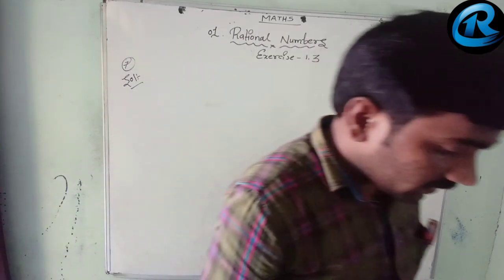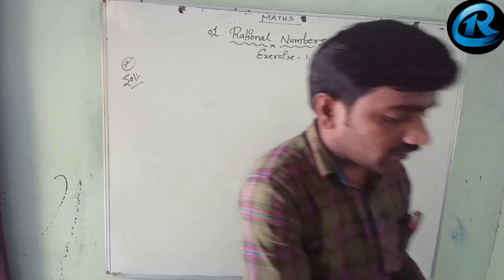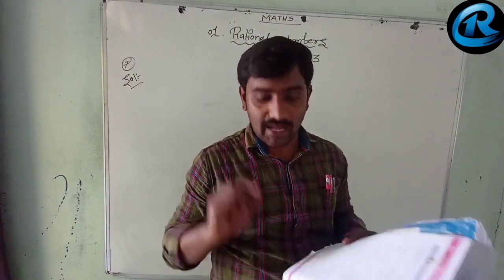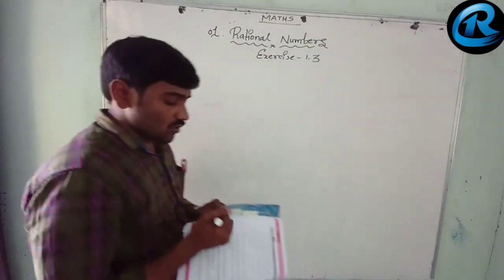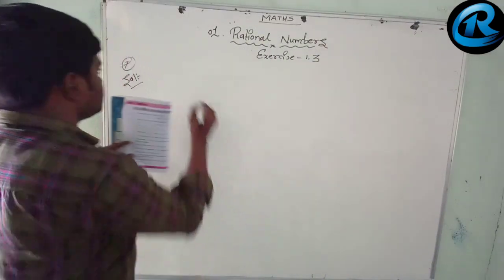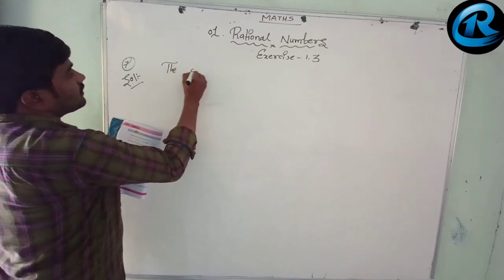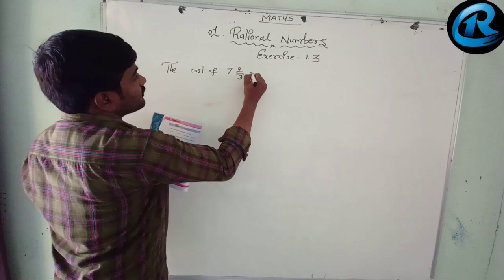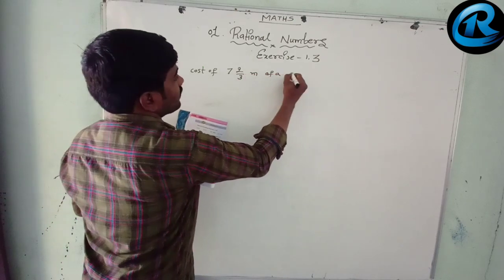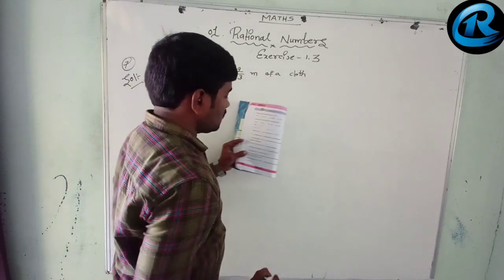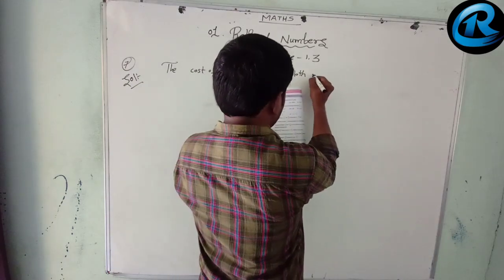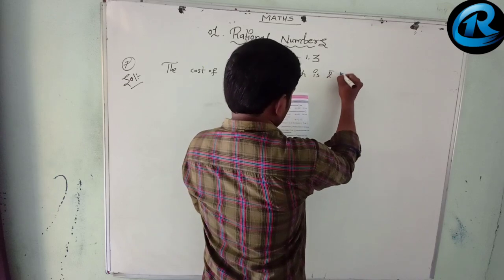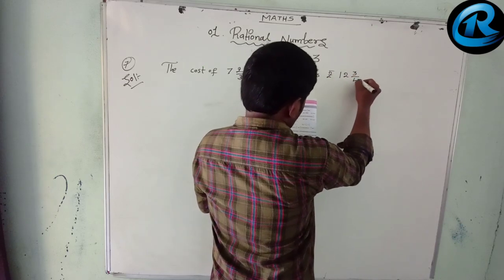Let's see. The cost of 7 whole 2 by 3 meters of cloth is rupees 12 whole 3 by 4.